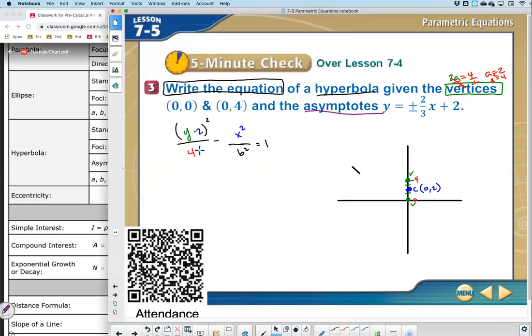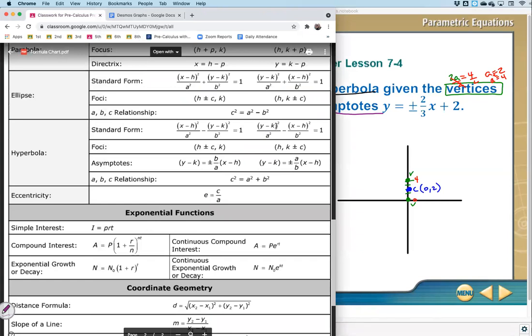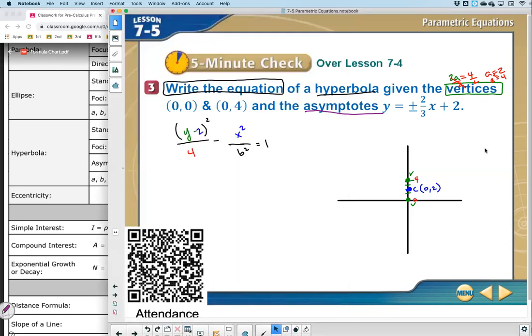You could check and say, okay, we're dealing with the equation that has y written as the front end of the first fraction, the positive fraction. So it's going to be a divided by b. Or you could think of it in terms of rise and run and say, okay, my asymptotes are going to have a rise of 2 divided by a run of 3, if that makes sense.